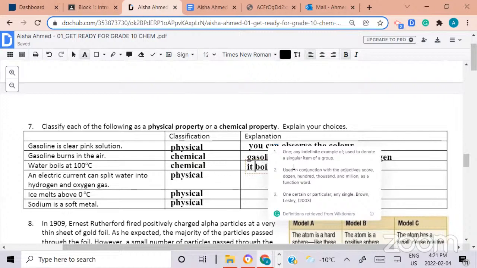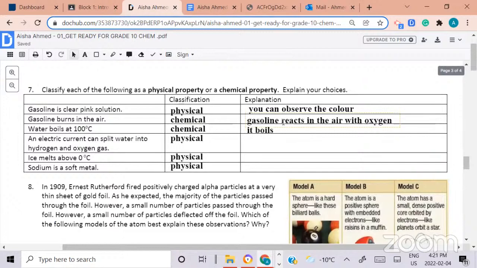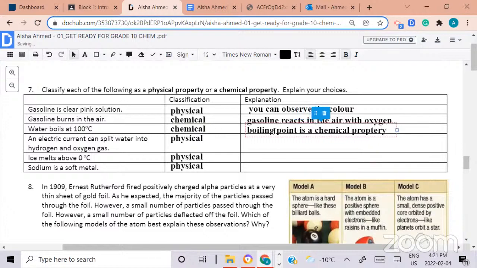It's like a chemical property of water, its boiling point. Okay, so you can say that boiling point is a chemical property, right? Because it directly relates to the composition of the substance. Okay?